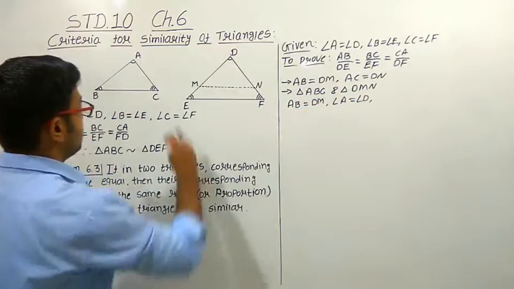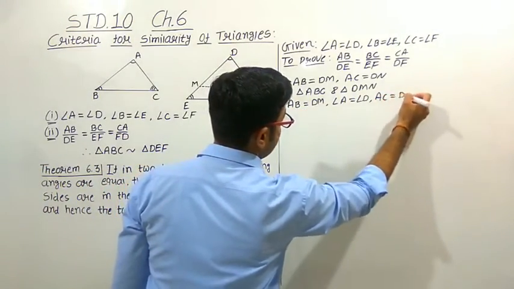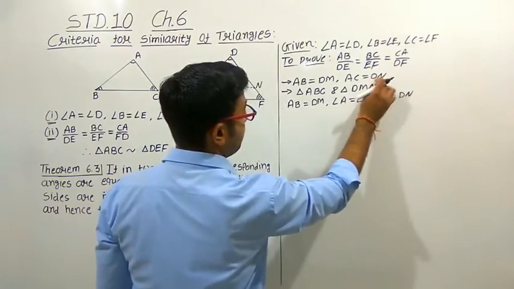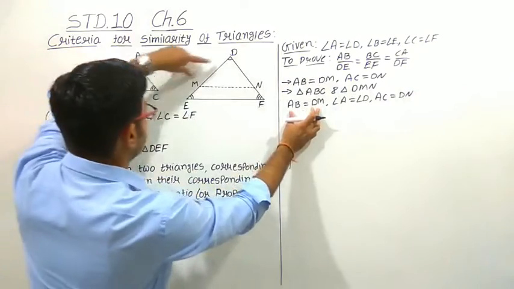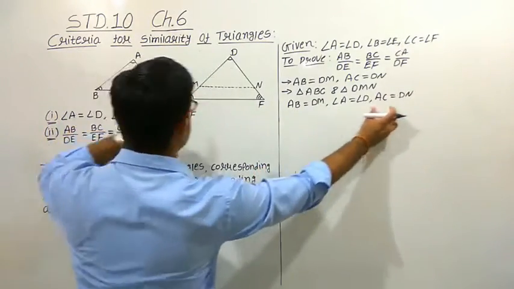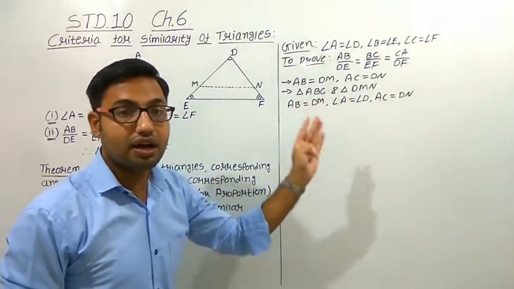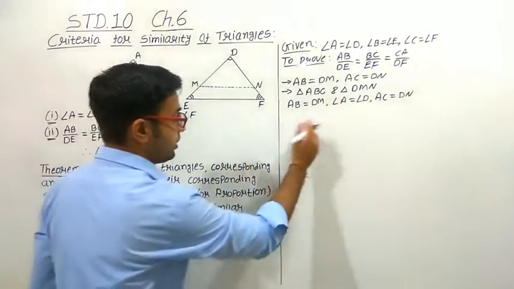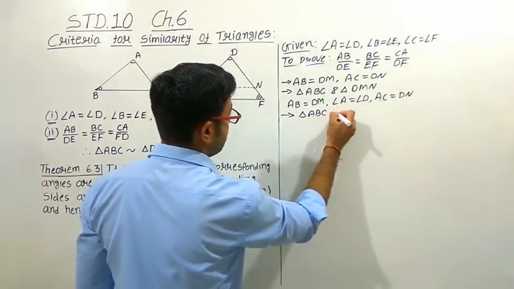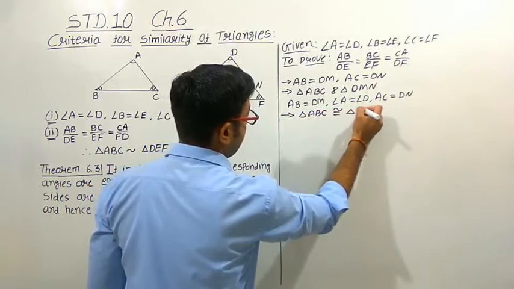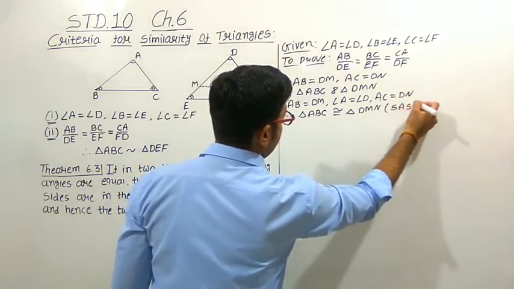And the third condition is AC is equal to DN, which we did by the construction. So this is the side, this is the angle, and this is the side. So we can say that triangle ABC is congruent to triangle DMN according to the side angle side criterion.